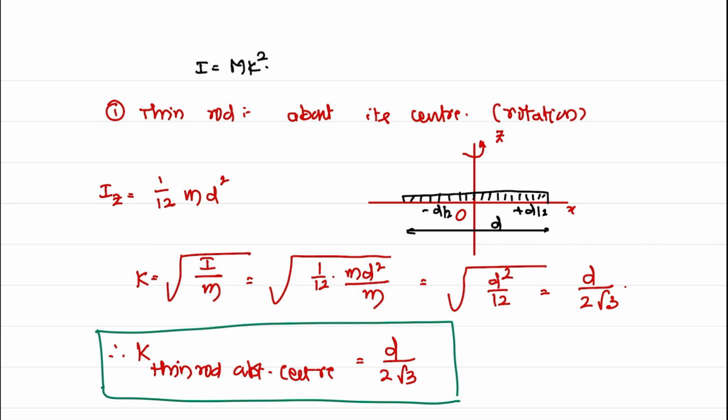For example, there are 1 or 2 questions on radius of gyration in the NEET physics examination and also in JEE Mains.